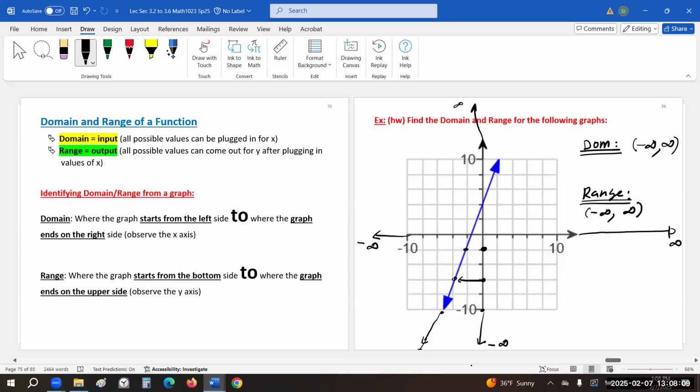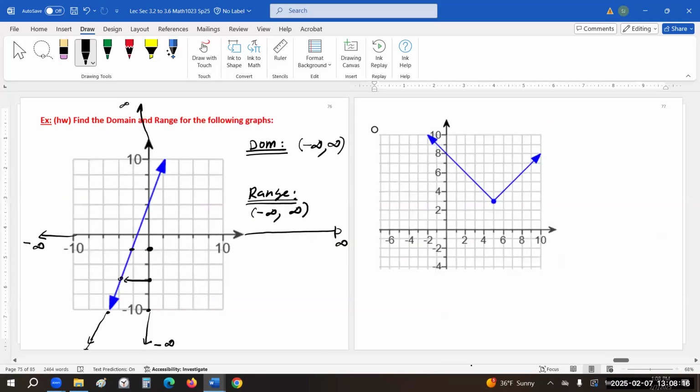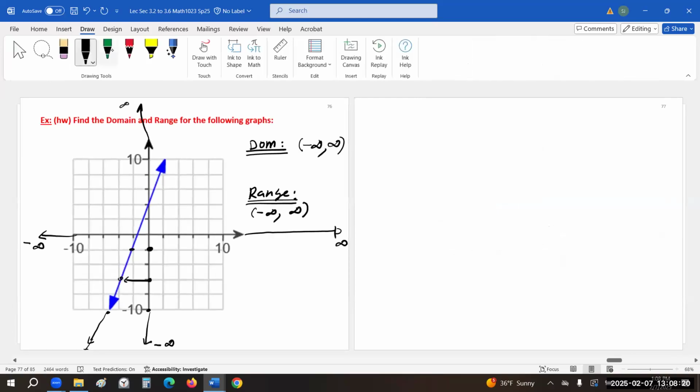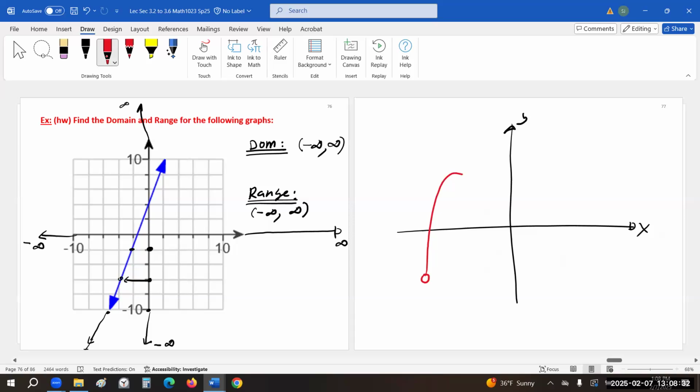If it's just a line, it means going on forever. How do you know it stopped if you have a scenario something like this? Let me give you a scenario. Let's say you have a graph. This is our x, this is our y, and let's say our graph is something like this.